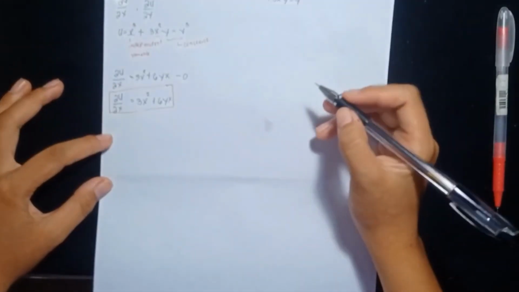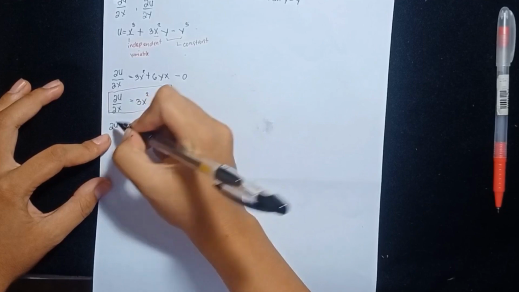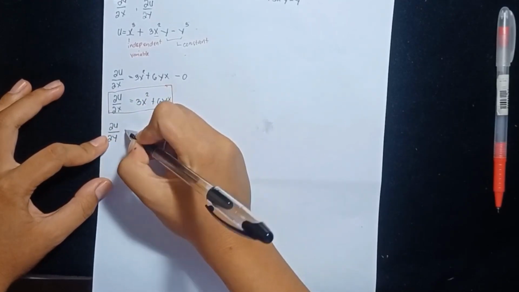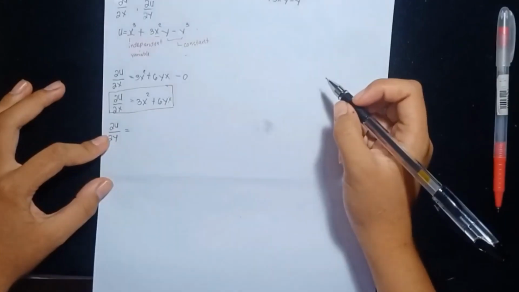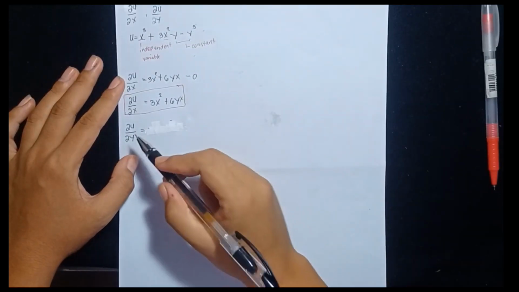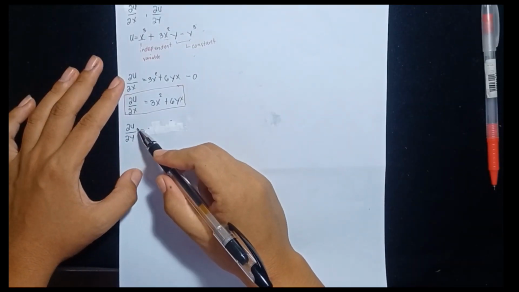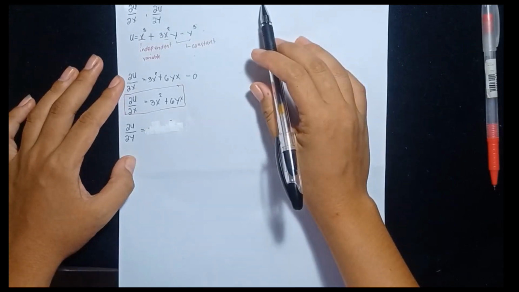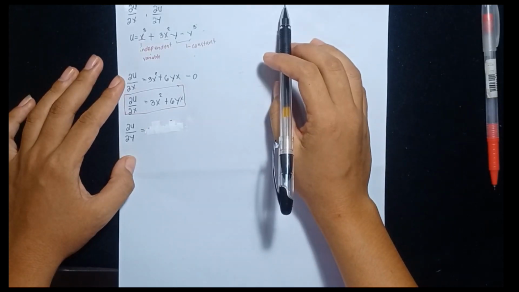Now we will also get the partial derivative of u with respect to y. This time we will treat the x as a constant and y as an independent variable.